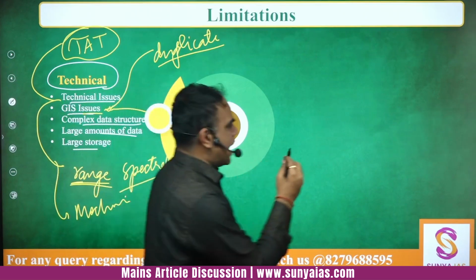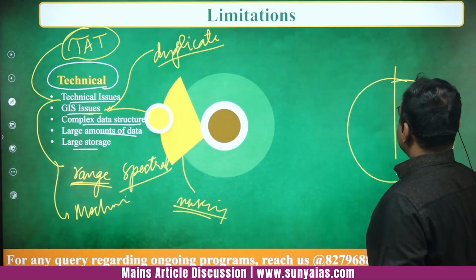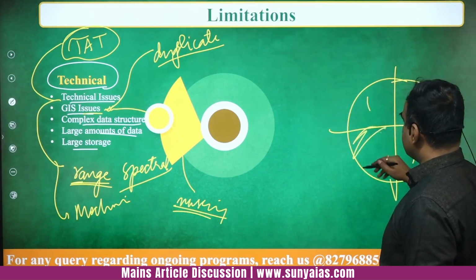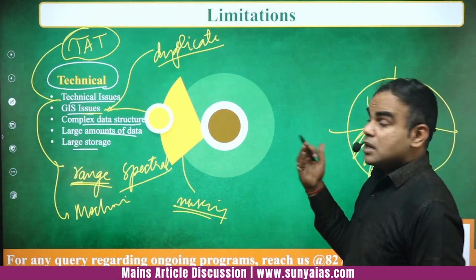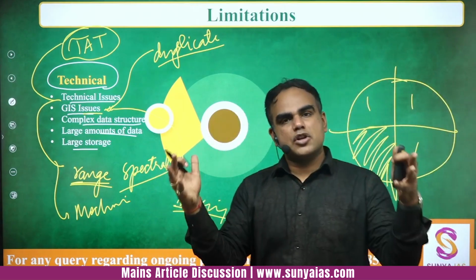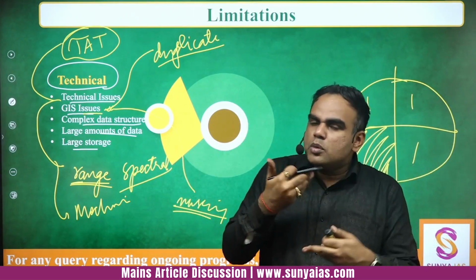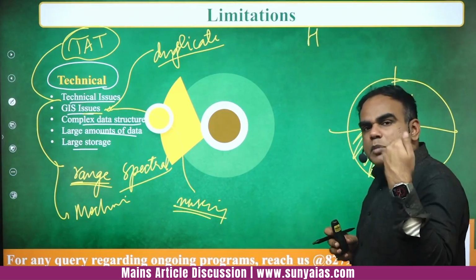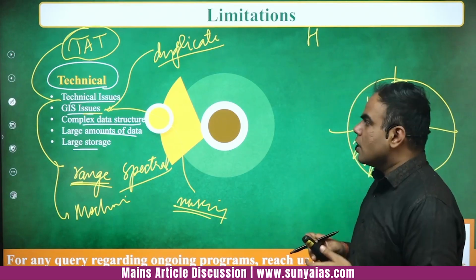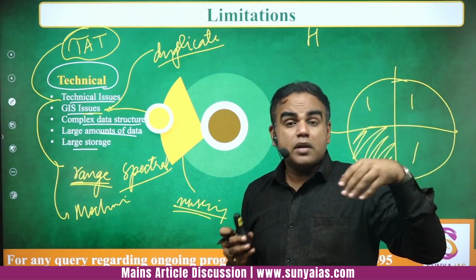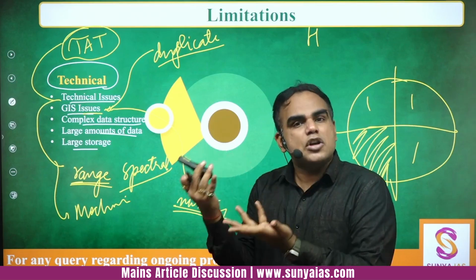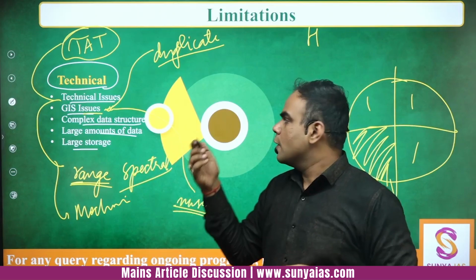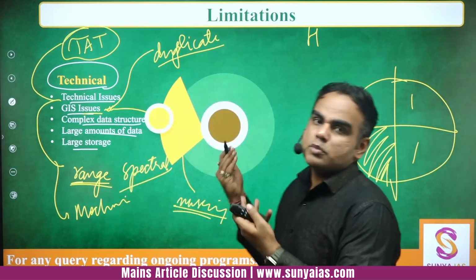So if you had an image, और उस image के लिए you have to have 4 elements to analyze it, what if you only have 3? अब ये element नहीं है आपका, so you will not be able to analyze it. Then you can have very complex data structures. अब देखिए, जो term मैंने use किया था पहले, hazard models, the models have to be trained again and again. OK, अब model को train करते हो आप data पे. What if the data is very complex, it is unstructured and you are not able to make out exactly what is to be made out of it? तो complex data structure will also be a problem.